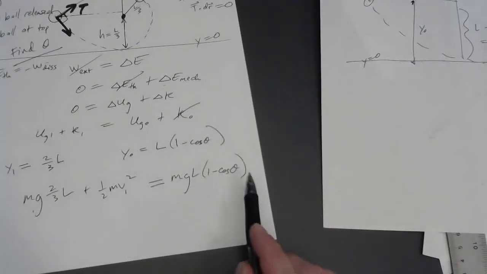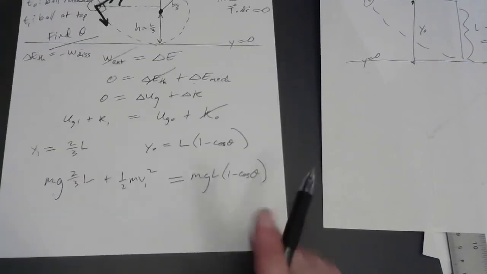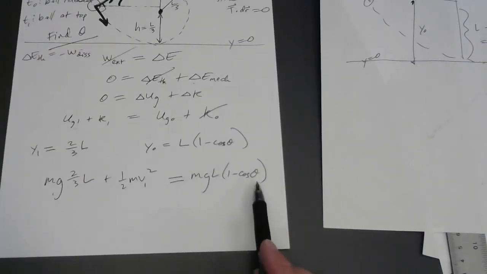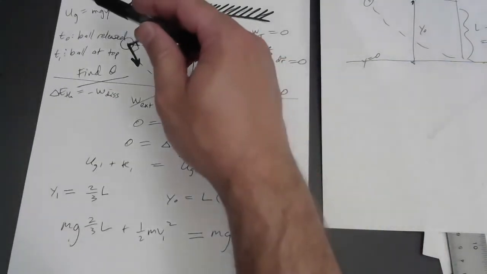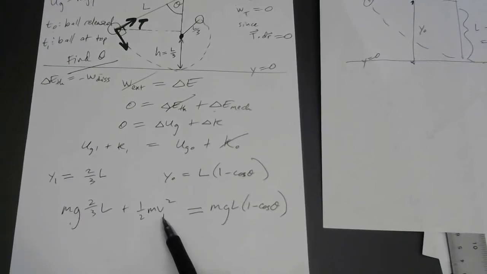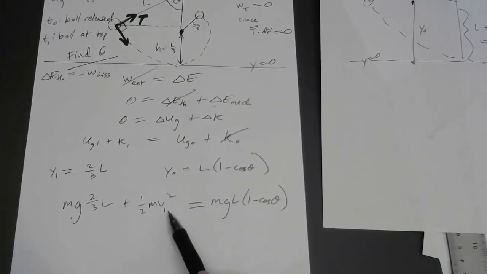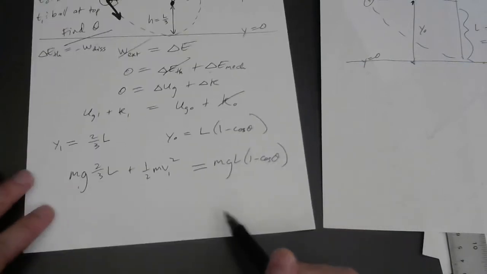So really, the value that theta must take is the minimum value of theta, because we know we could drop it from higher and it would whip around faster. The minimum value of theta is determined by how fast it needs to be going at the top. So why don't we first put v squared all on one side and put everything else on the other side.